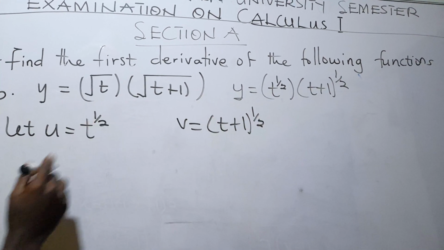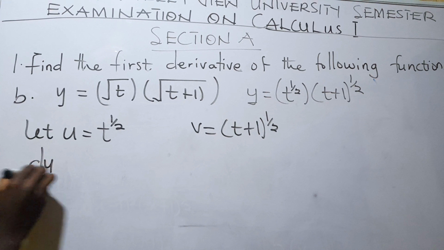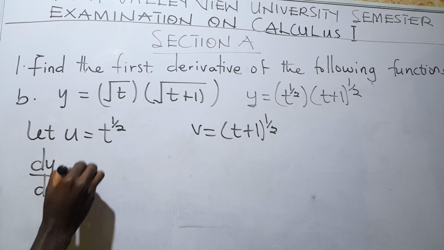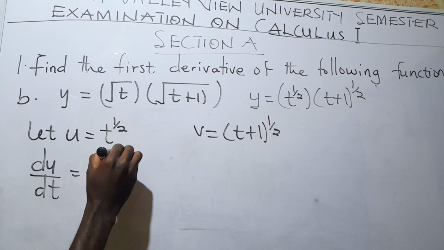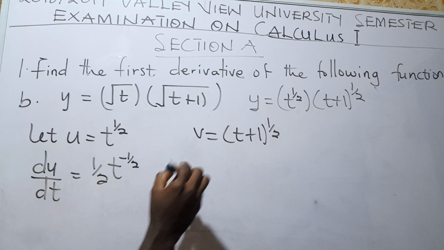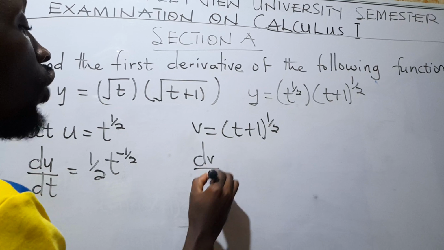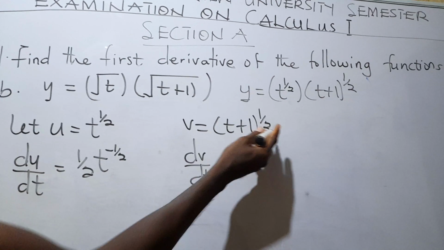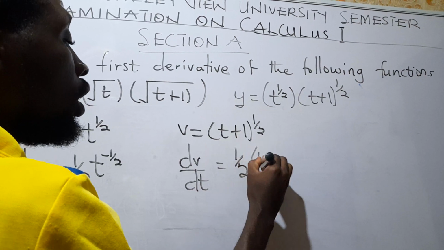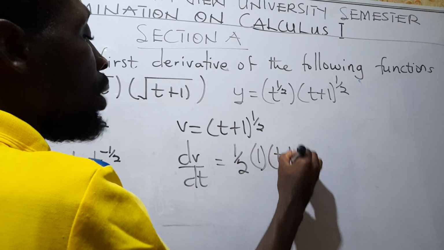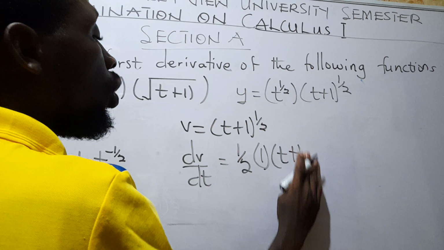Now we differentiate these functions. Remember, our du over dt will be half. We drop the exponent and subtract 1 from it. We'll get negative half. Our dv over dt, we have to use the chain rule here. We differentiate this, we get 1. We repeat the base again and subtract 1 from the exponent.